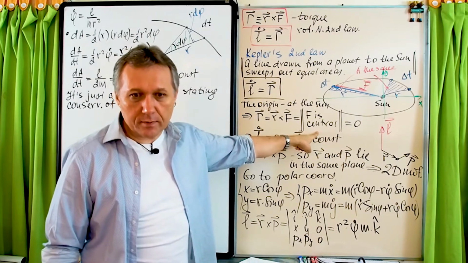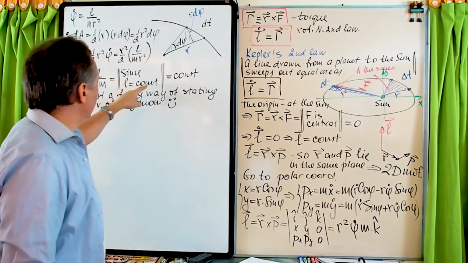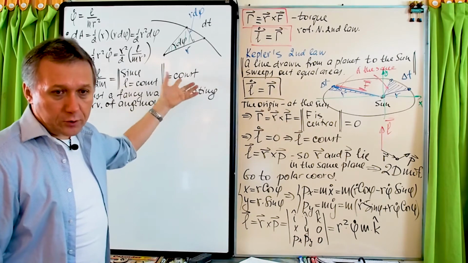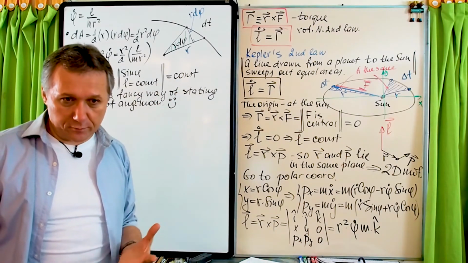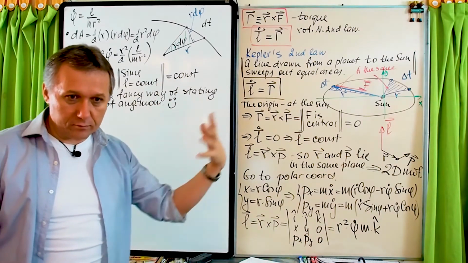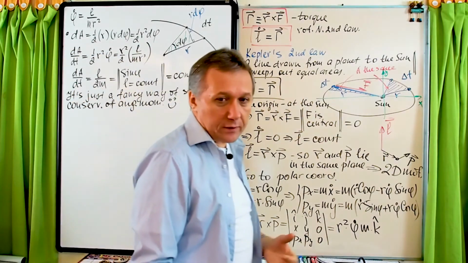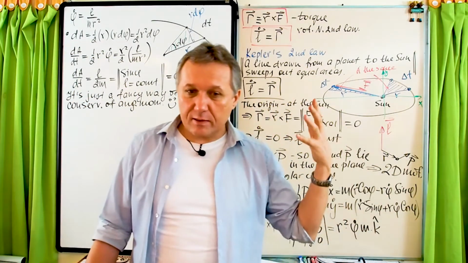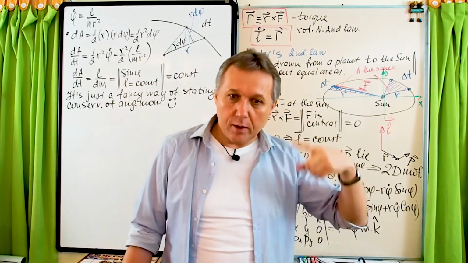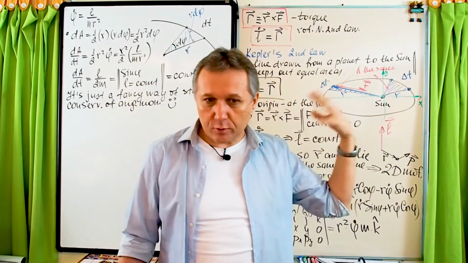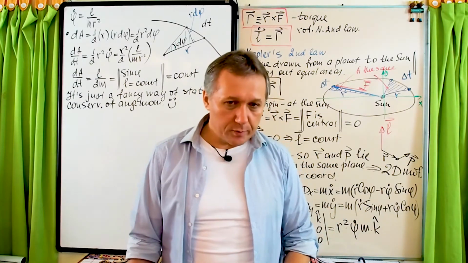So this result is true for any central force, right? You can take any force, and if you see that it's central, you can say immediately that if something is going to orbit, the areal velocity is going to be the same.